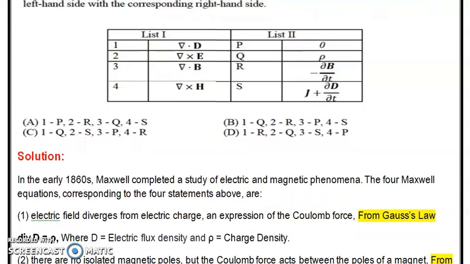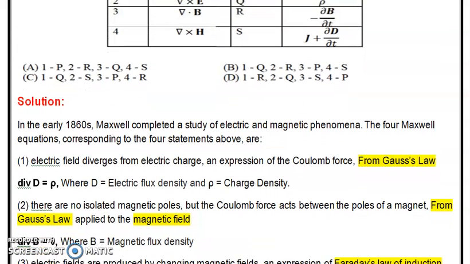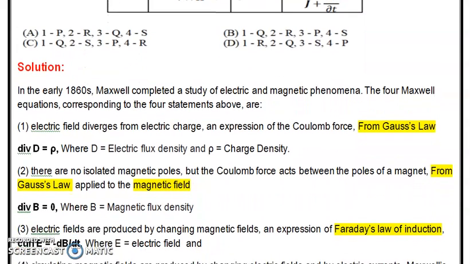So next we will see curl E. What exactly is curl E? Electric fields are produced by changing magnetic fields. It is an expression from Faraday's law of induction. So curl E is equal to minus dB by dt, where E is the electric field.